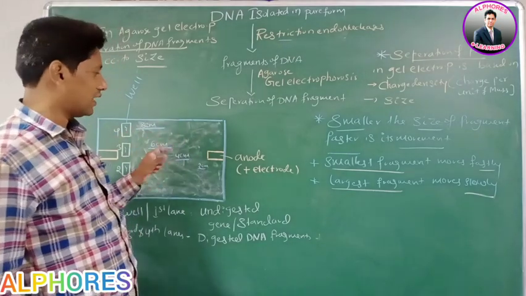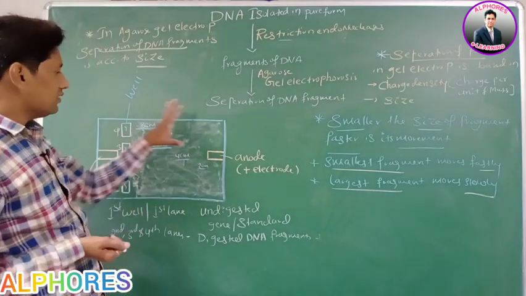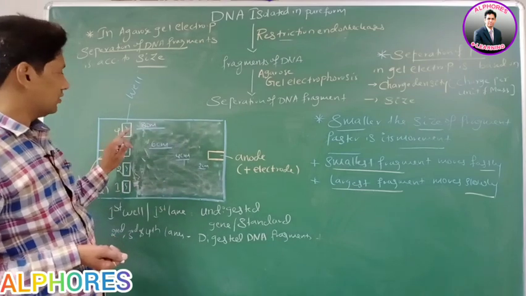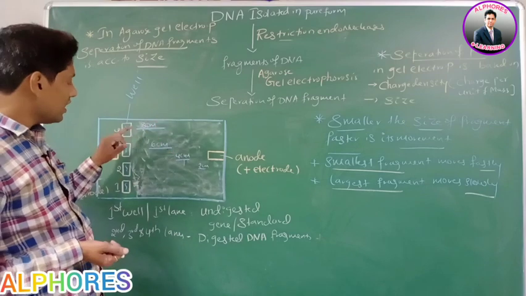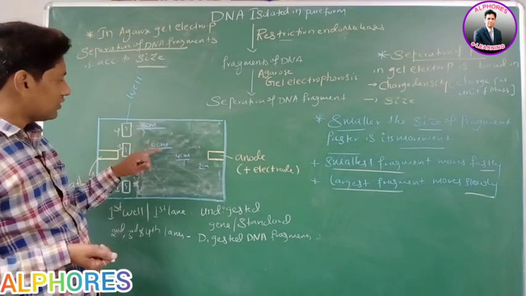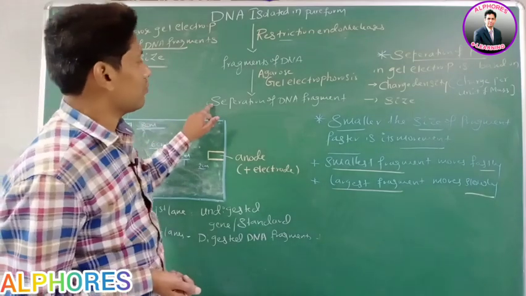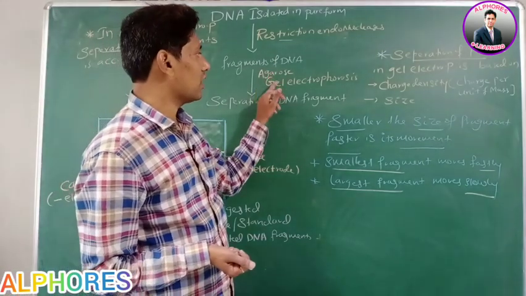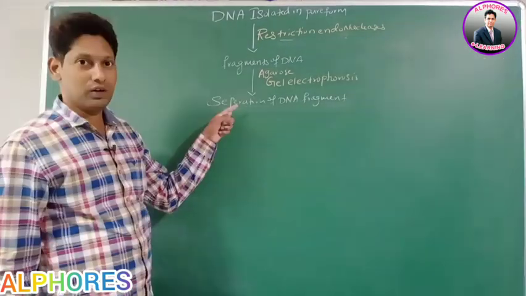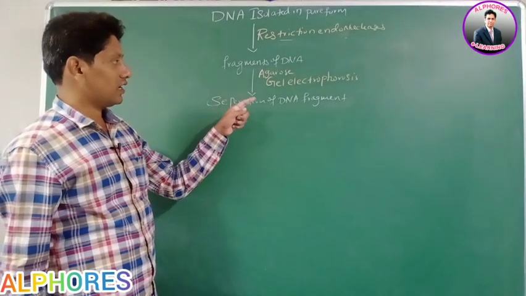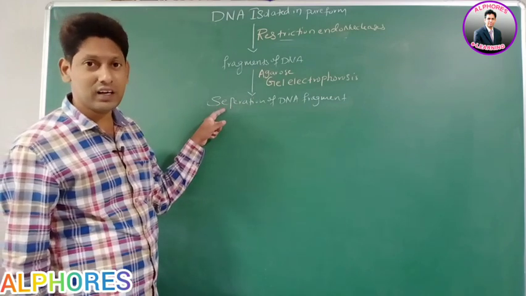Now see this diagram carefully. This is the kit in which we carried out electrophoresis. In this diagram, separation of DNA fragments has taken place. Therefore, DNA fragments are separated by using agarose gel electrophoresis according to their size.